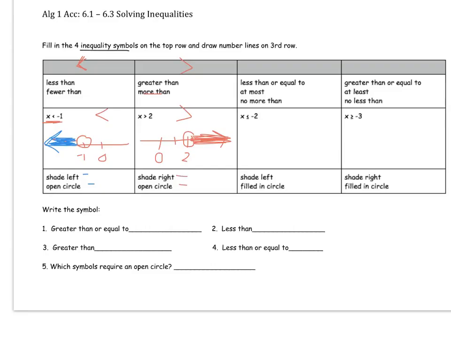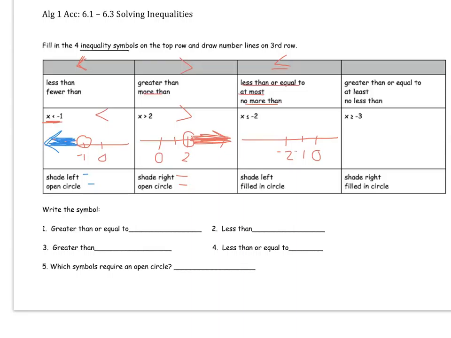Now we're getting to the words less than or equal to, which is this symbol. We're going to have to know eventually that the words at most are the same as less than or equal to. The words no more than are also the same. So x is less than or equal to -2. Here's my 0, -1, -2.